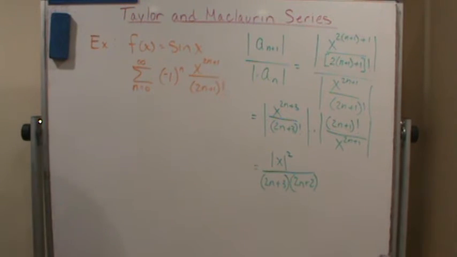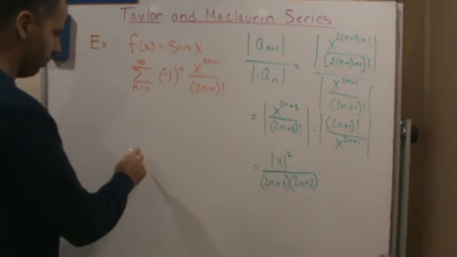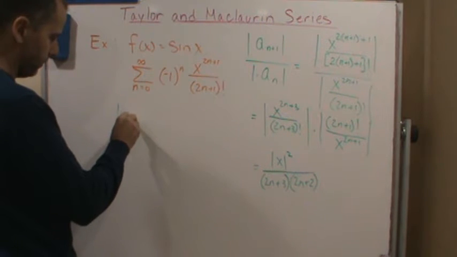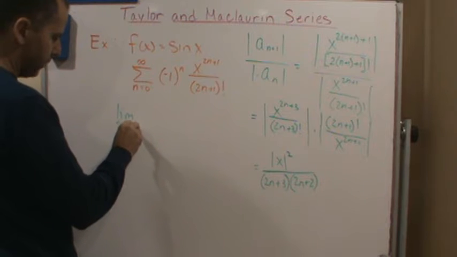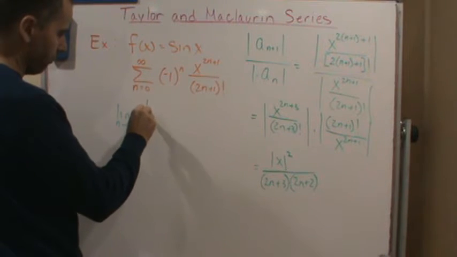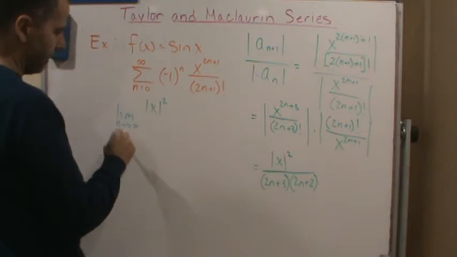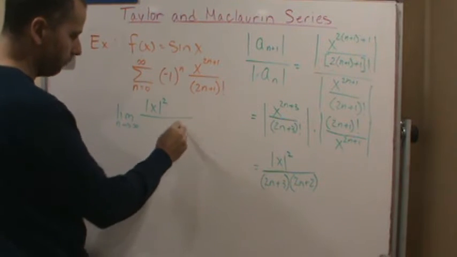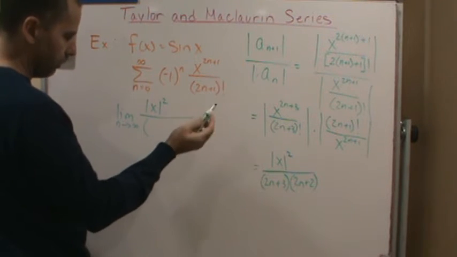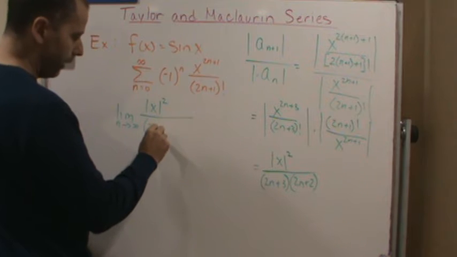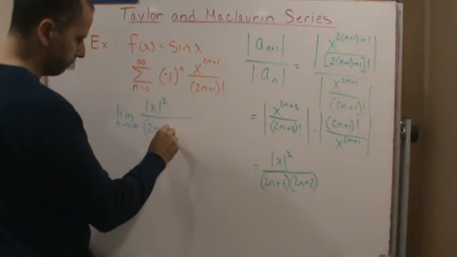Now what we're going to do is take the limit. And it's obvious that this limit, as n approaches infinity of the absolute value of x squared over (2n plus 3)(2n plus 2), goes to 0 for all values of x, right?